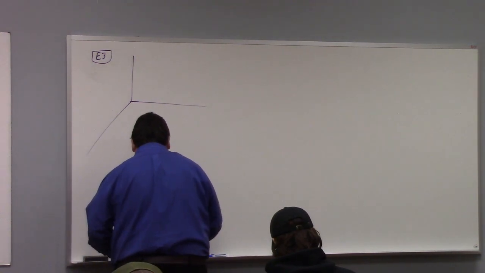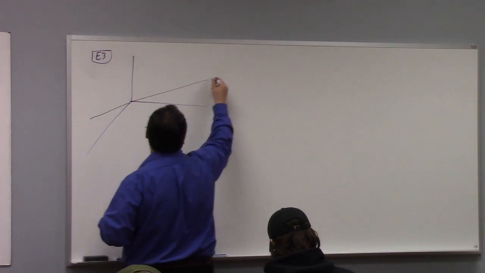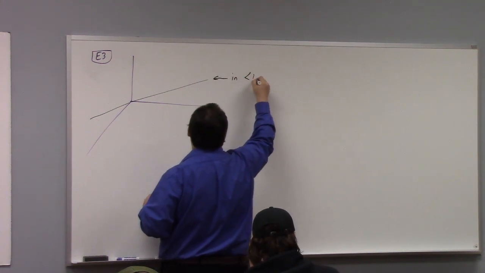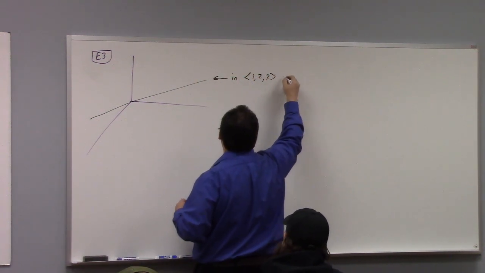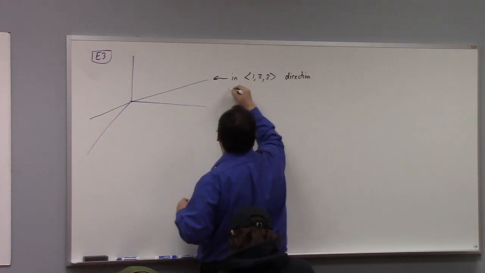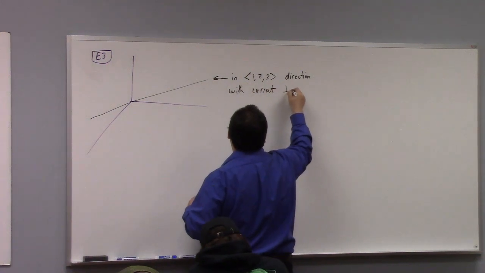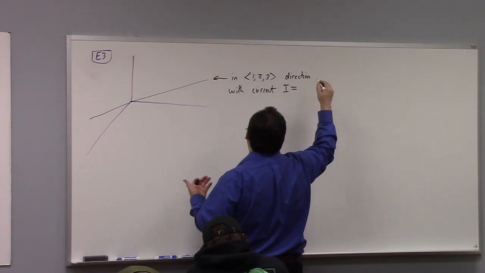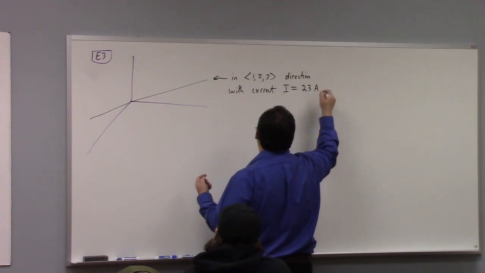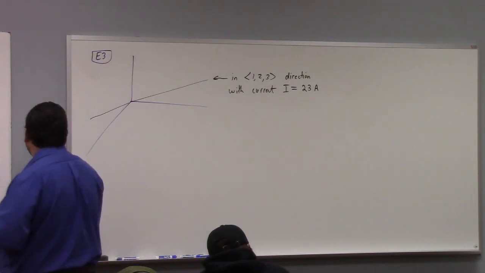Suppose I have a line with direction vector 1, 2, 3, with current I equal to, I don't know, 23 amps.